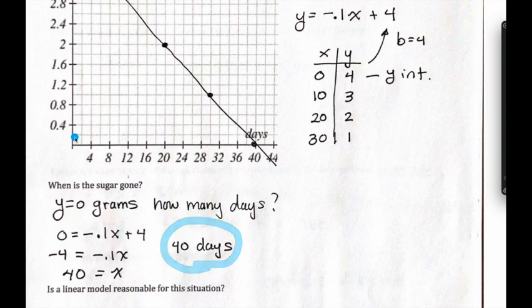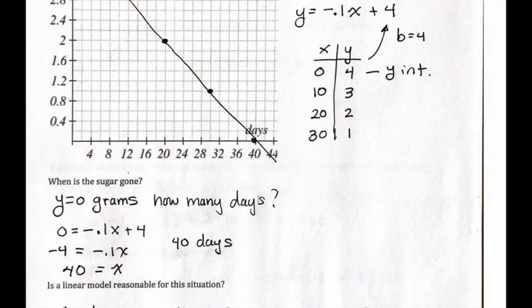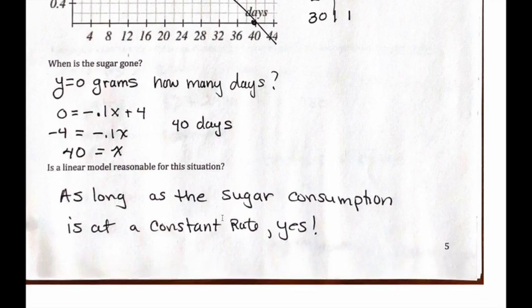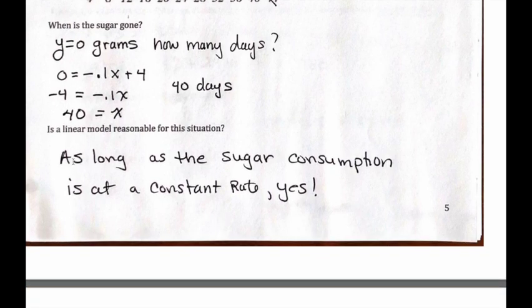And if I look at the graph right here, the graph hit 0 at 40 days. So there's 0 grams of sugar left after 40 days. Is a linear model reasonable for this situation? And of course, as long as the sugar consumption stays at a constant rate, yes.